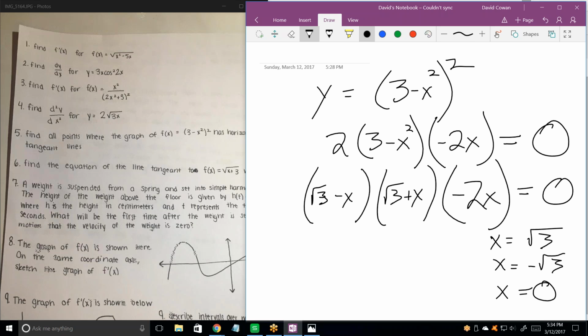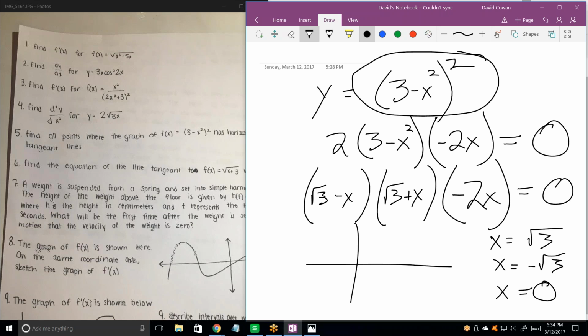horizontal tangent lines. If I were to pull this up on Wolfram Alpha right now, you would see that at root 3 and minus root 3 and 0, we would have flat tangent lines.